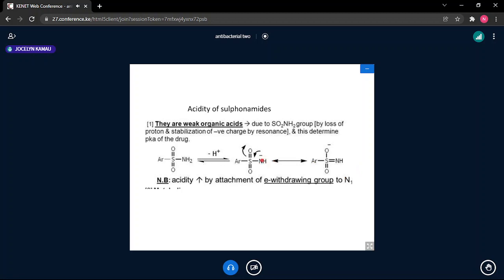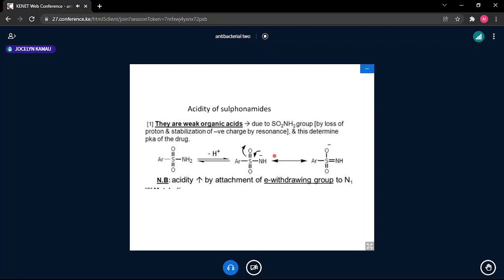And that is why we said, when next to this you attach a heterocyclic ring with more electrons, more lone pairs of electrons are added onto the anion, and that further stabilizes the anion. The acidity increases by attachment of electron withdrawing groups to the N1. Remember, the electron withdrawing groups we did mention: when you have the heterocyclic ring and it has a nitrogen, of course, it will not withdraw electrons so much.